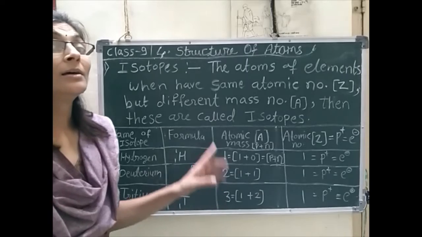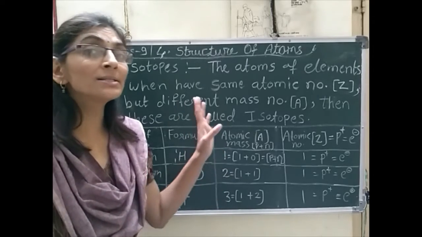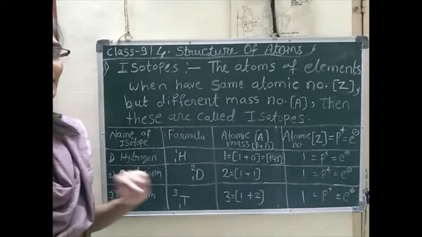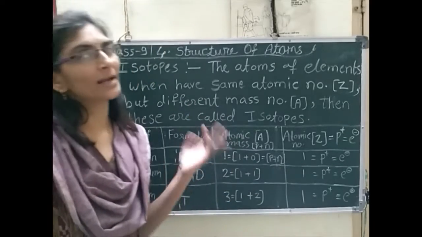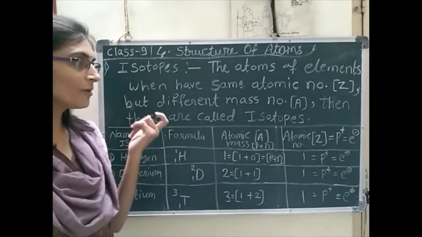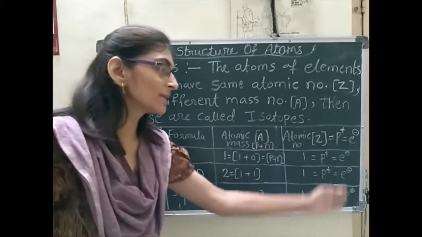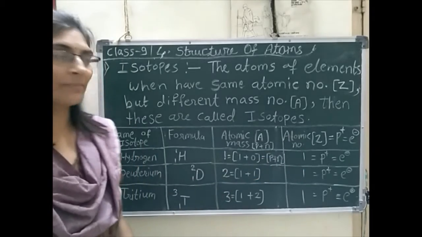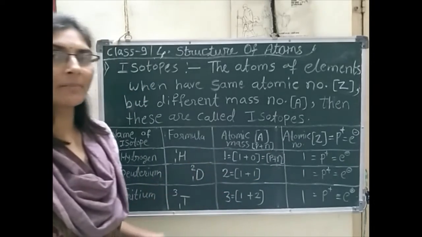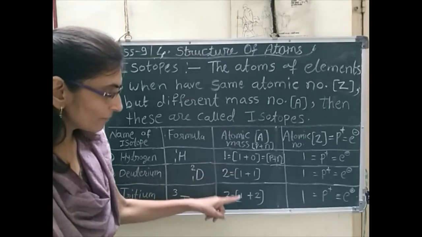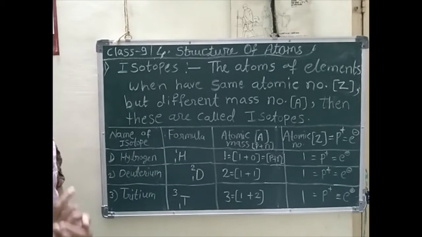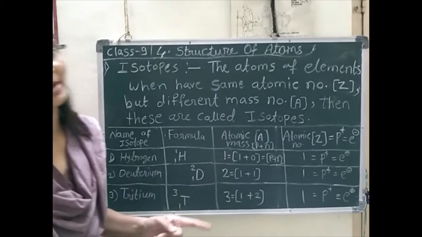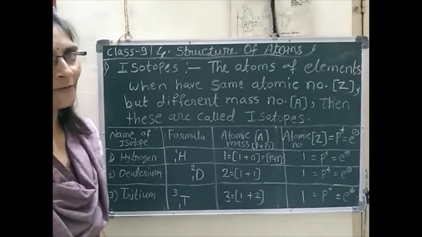The number of neutrons is different. In case of isotopes, the number of neutrons is different. That is the difference. Protons are the same, electrons are the same, because atomic number is the same. So in case of atomic mass also we can say 1, 1, 1 proton, but where are they different? In case of neutrons, these are different.